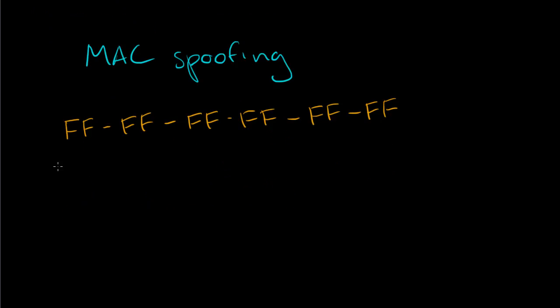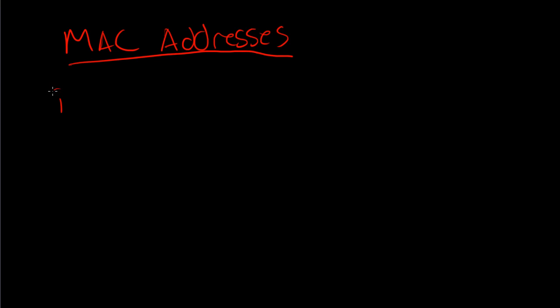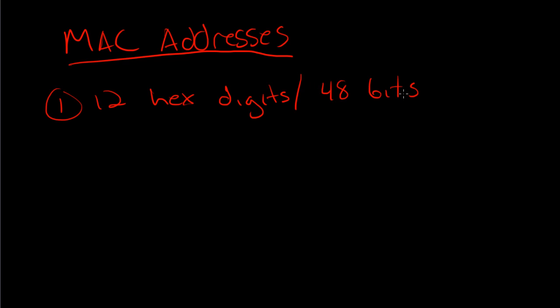To summarize what we've gone over, first, MAC addresses are composed of 12 hexadecimal digits, or 48 bits. Secondly, there are two kinds of addresses.